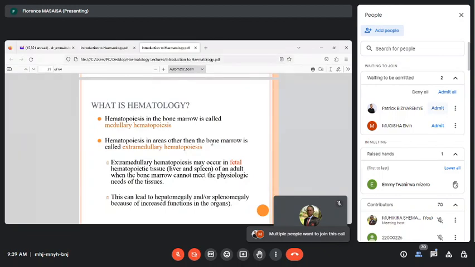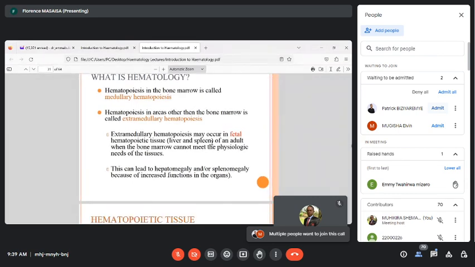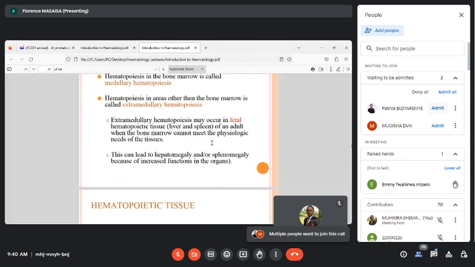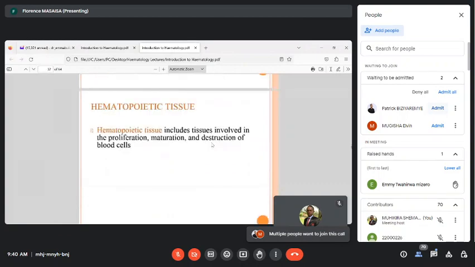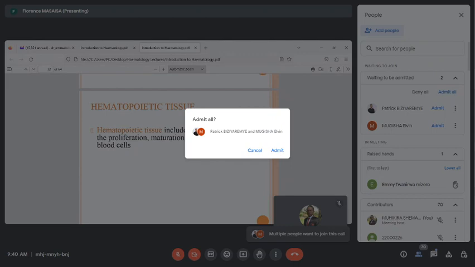Then in adult age, when the spleen and the liver are the site of hematopoiesis, that makes them enlarged. So you may find some people with splenomegaly or hepatomegaly as the hematopoiesis is taking place in that area.